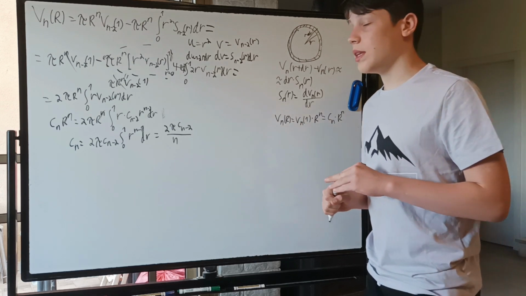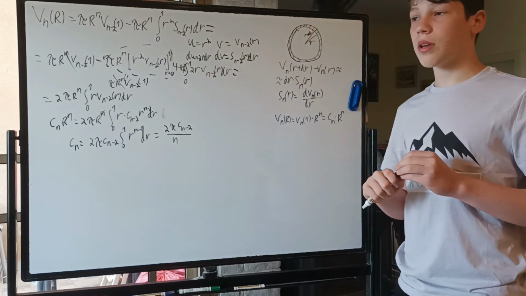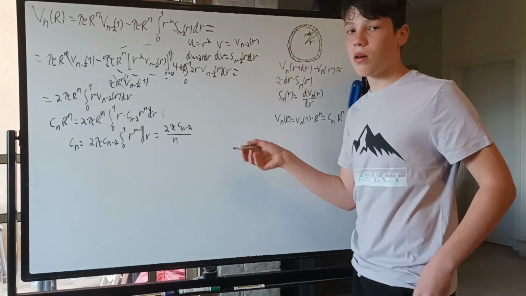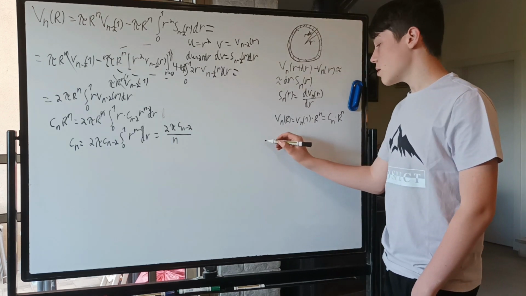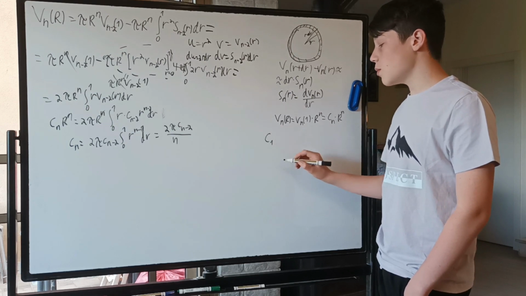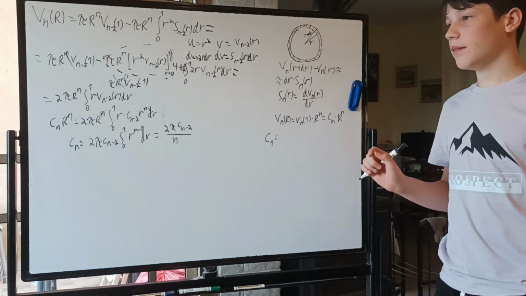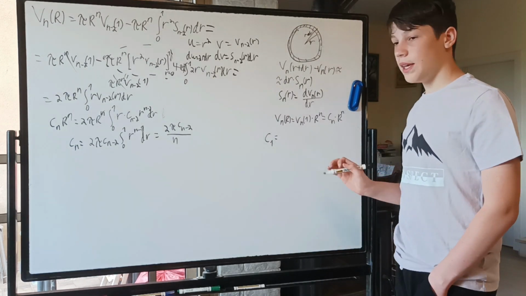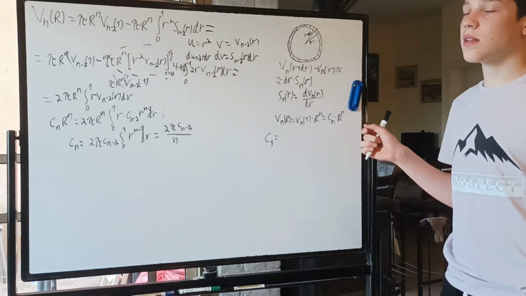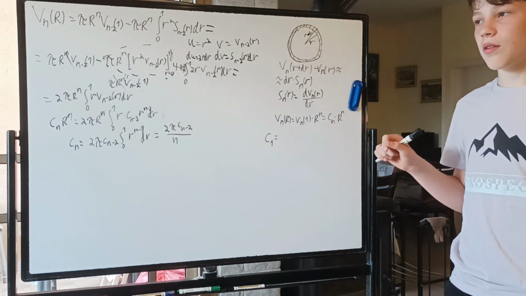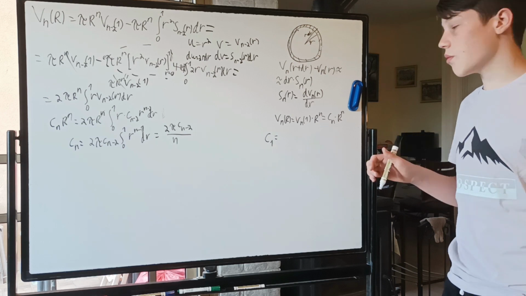So first of all, we need 2 starting points to get C_n for all n. So we need C_1. C_1 is just the volume of a one-dimensional ball with radius 1.